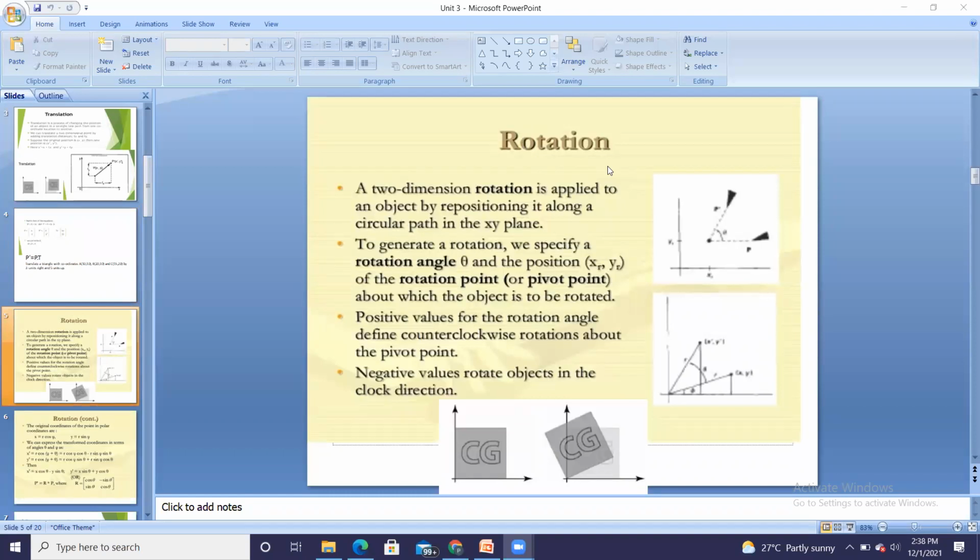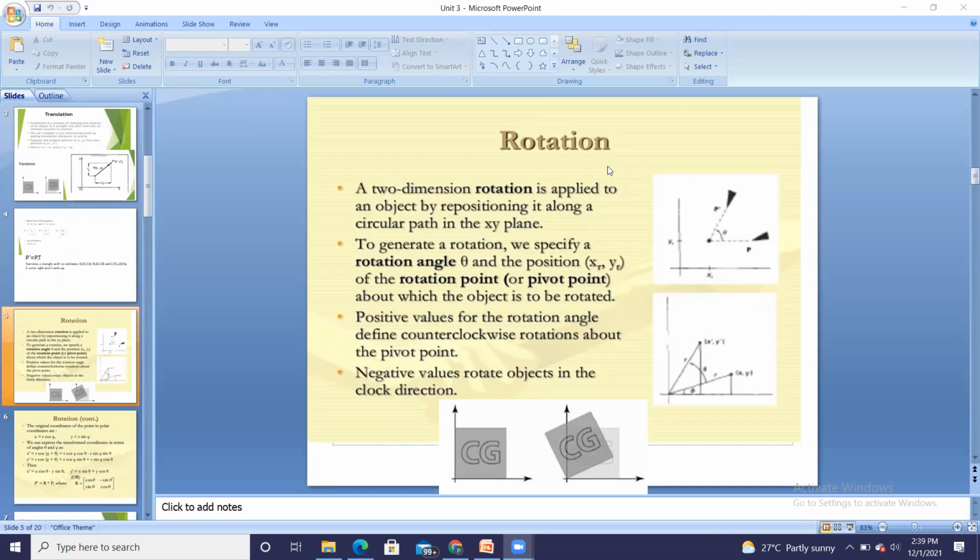What comes to your mind when I say rotation? Okay. So rotation is nothing but simply turning the object about a specific point.